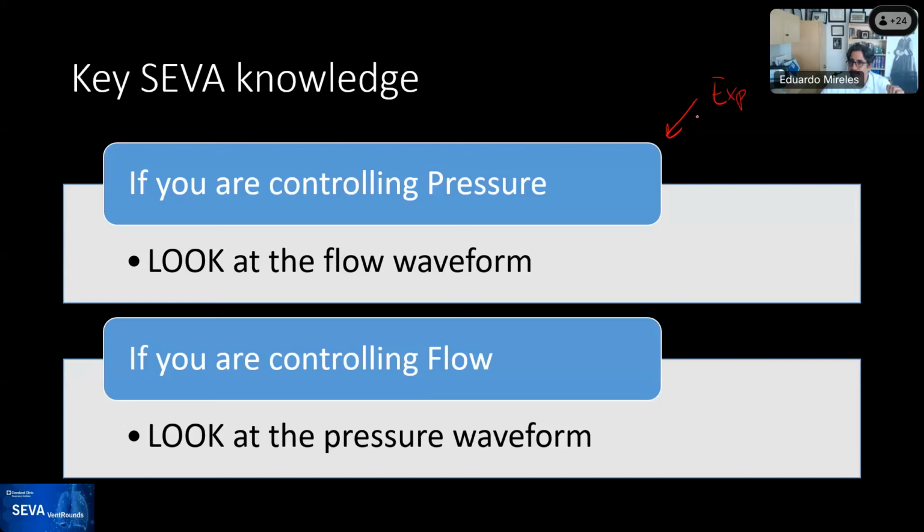Other than that, there's no other ventilator that controls flow. Is that correct, Rob? Yeah, and that's not commercially available yet. That's right. So these remain dogmas until somebody breaks them. For now, just keep doing this. Just look at those. All right.